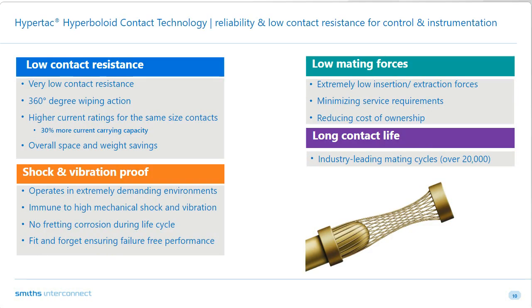So before I delve deep into any one of those two products, I just want to take a minute or two to explain. You remember I talked in the very first slide about the introduction of Smiths Interconnect, and we talked about technically differentiated products.